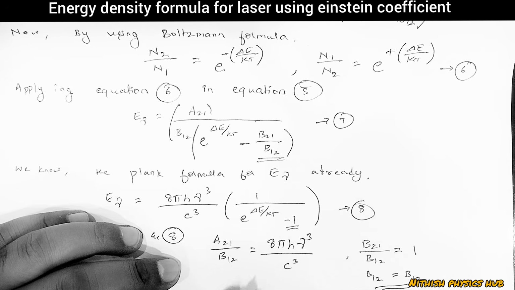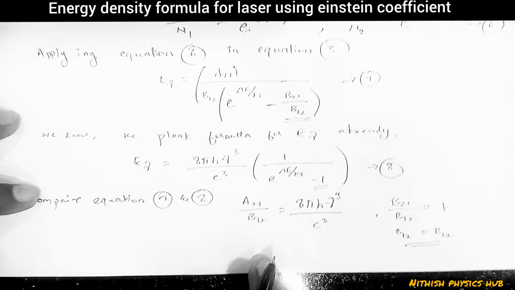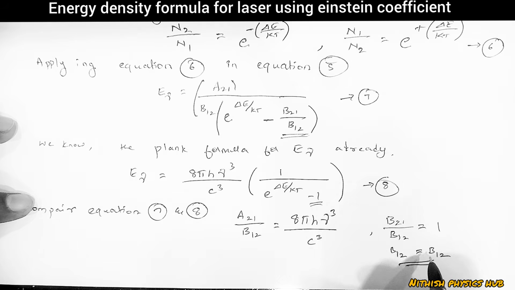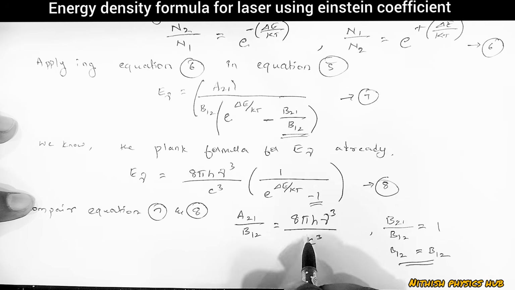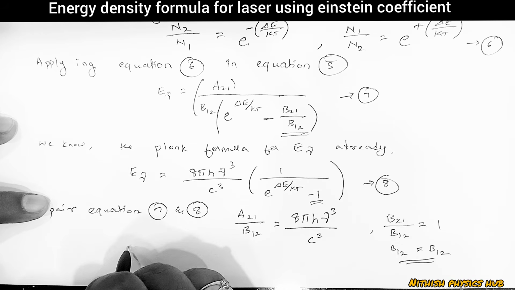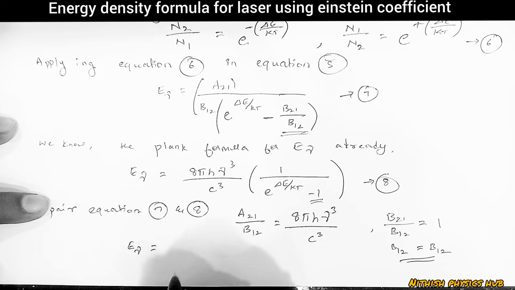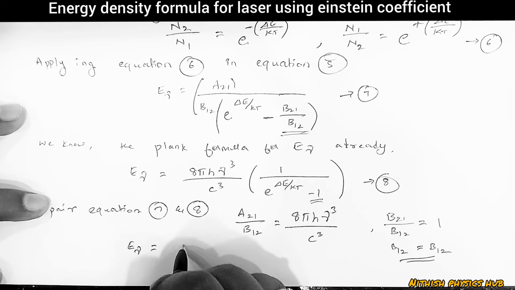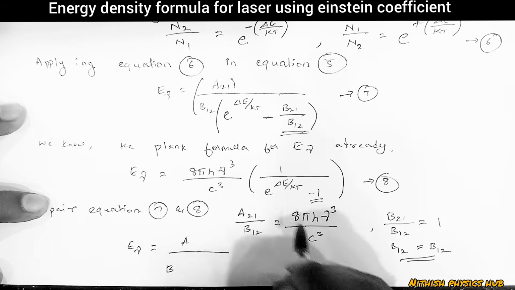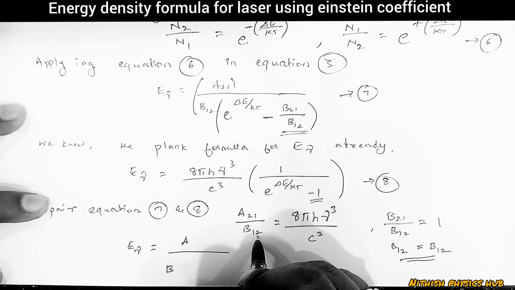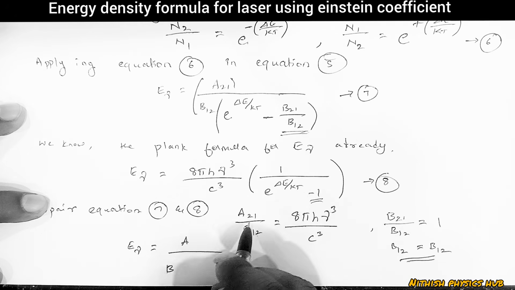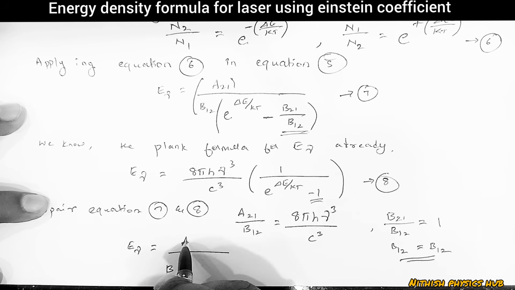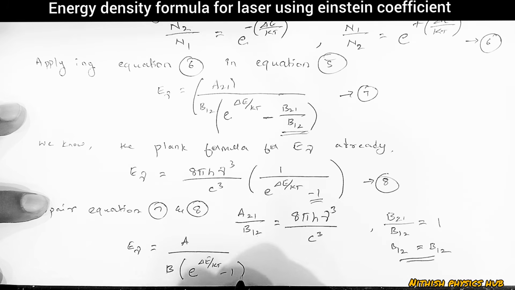So by generalizing the equation, I can easily say that the energy density for the laser E mu is equal to A divided by B. In spite of writing A21 and B12, because no extra term is there in the B value, I can write it as A by B into e to the power of delta E divided by kT minus 1.